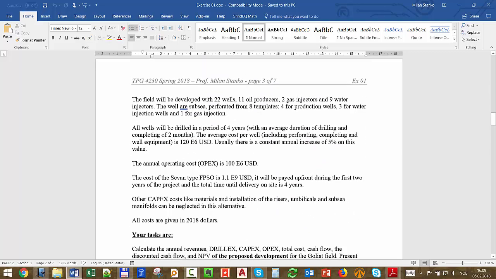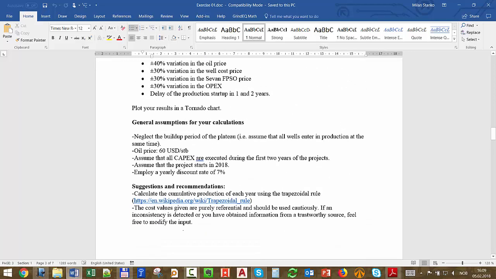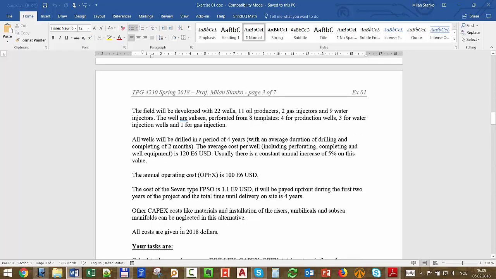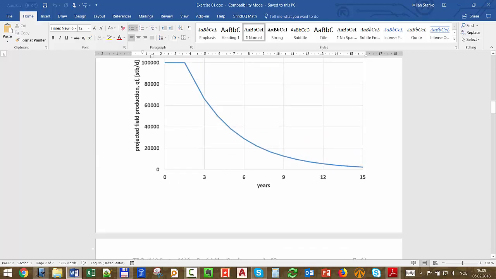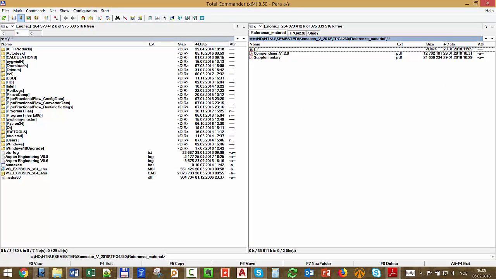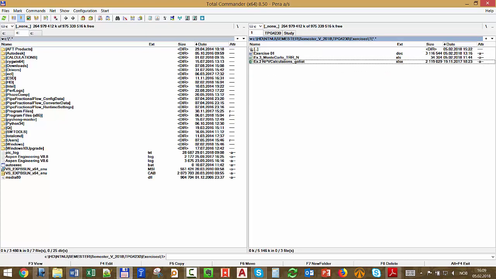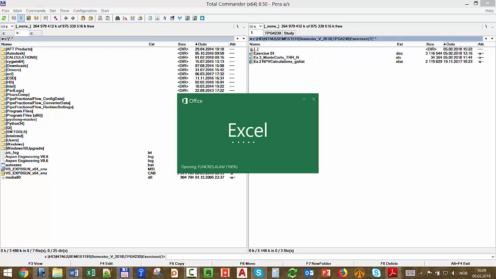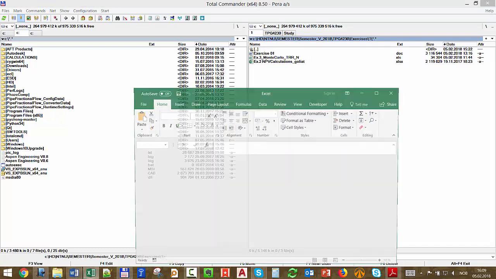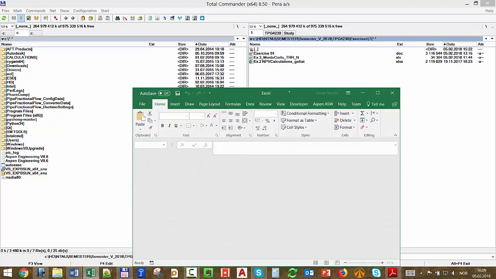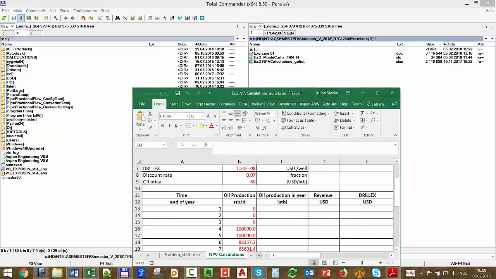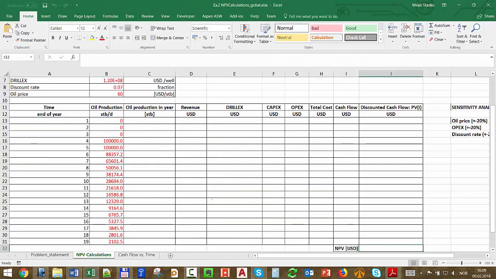I initially put here a sentence to say that you have to digitize this figure, but if you go to the Excel sheet that is provided for that, you will see that the production is already given. Okay, so you don't have to do that homework.